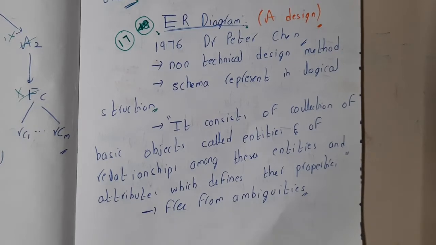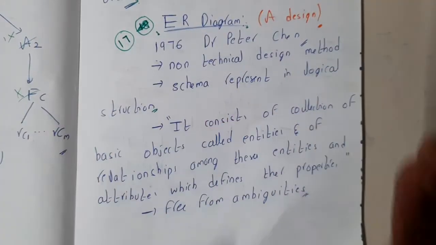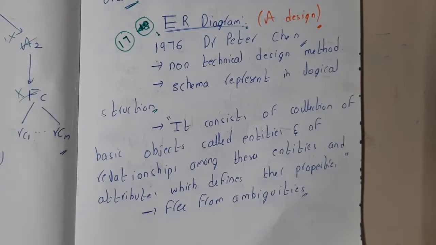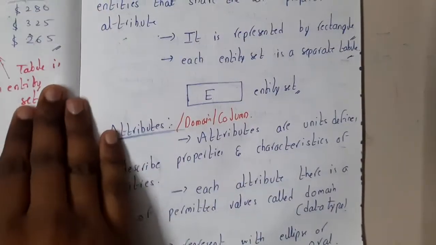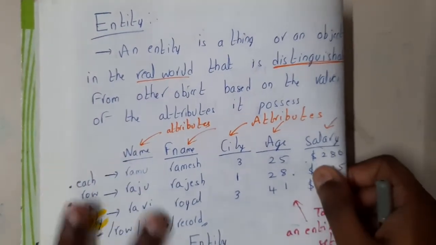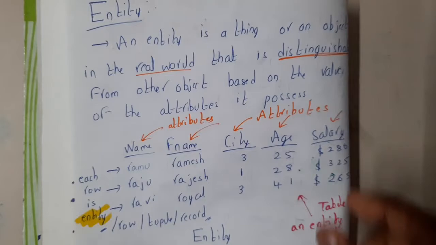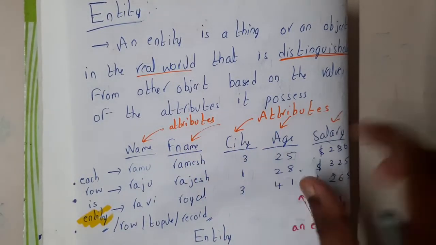So first of all, what is in this ER, guys? Entity relationship diagram, right? Your first question will be: first explain what is an entity, then explain relation. So first let us start with what exactly an entity is. An entity is like someone's name. Using that entity, you can define some properties.